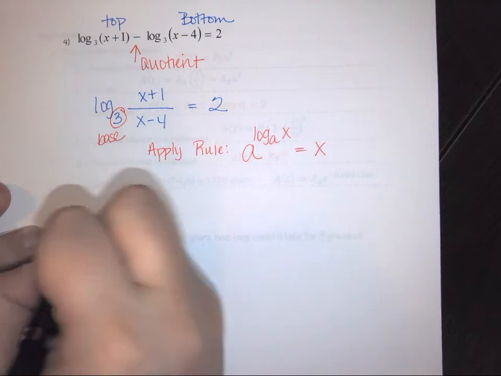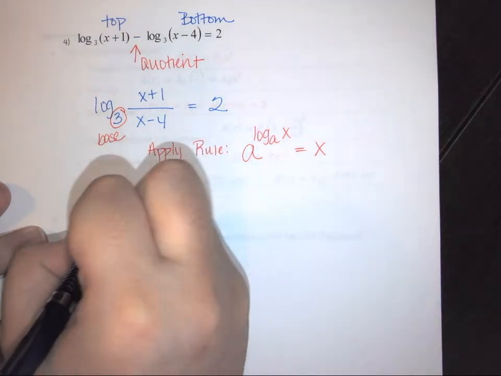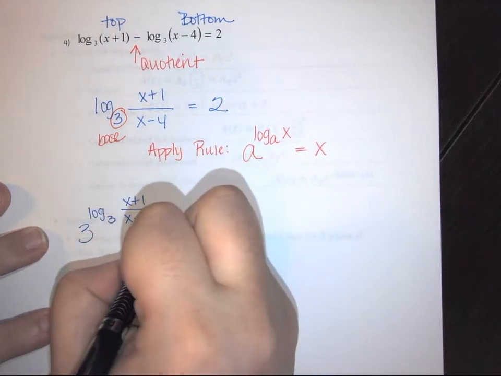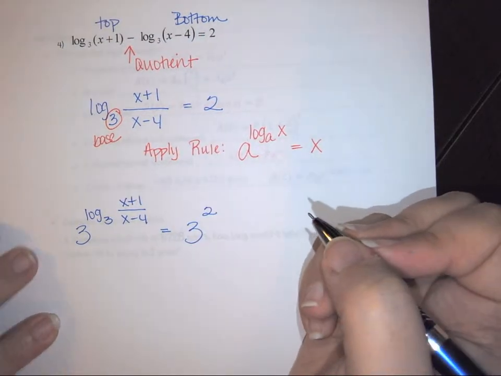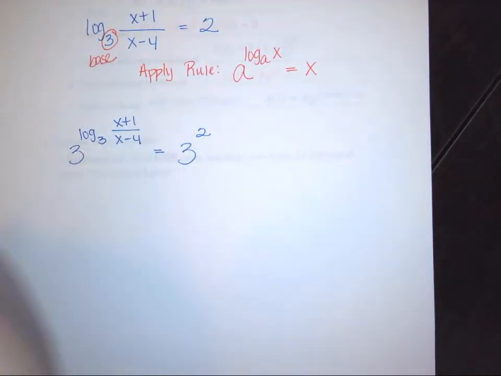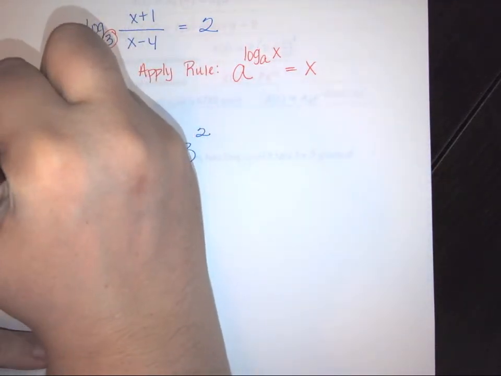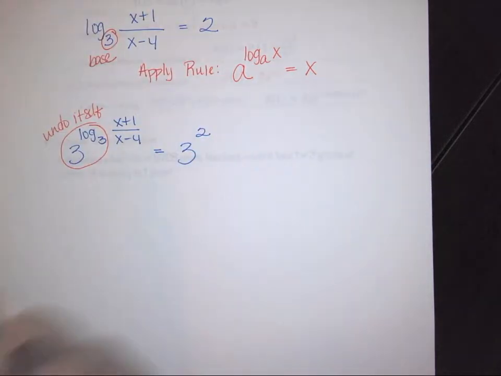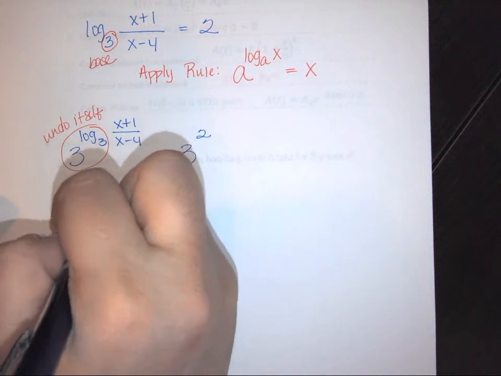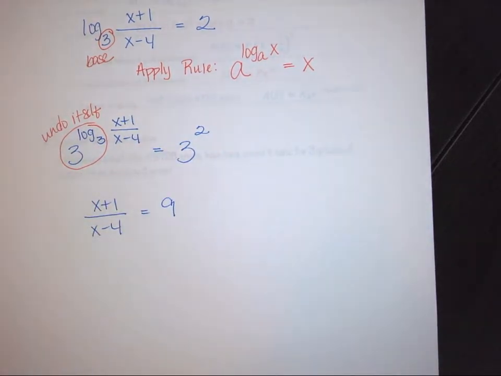So this becomes 3 raised to the log base 3 of x plus 1 over x minus 4 is equal to 3 raised to the 2. So my log right here is going to go away. So this is going to undo itself according to the rule, and just leave behind x plus 1 over x minus 4 is equal to 9, because 3 squared is 9. And now I need to solve for x.